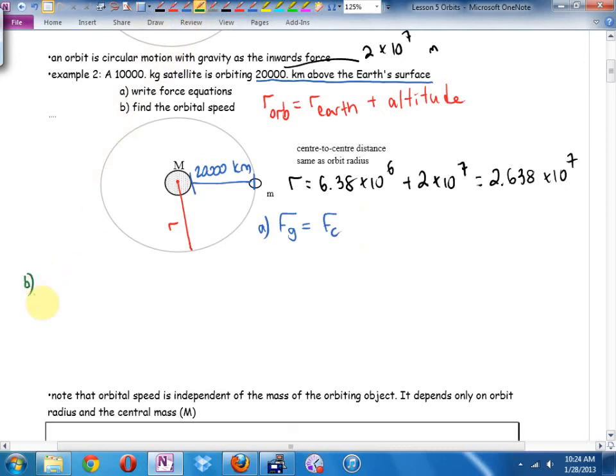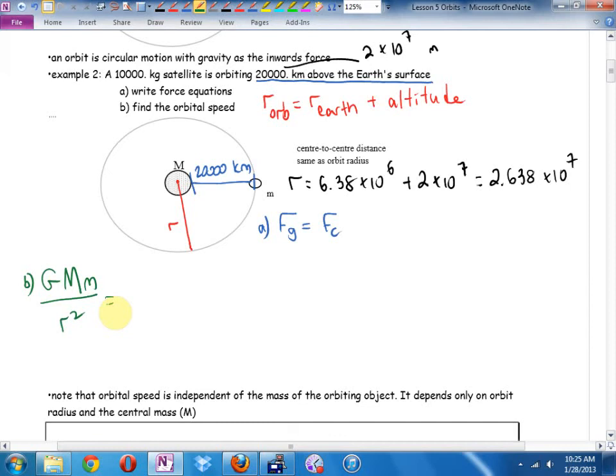B says find the orbital speed. We're going to have to rewrite these equations. Gravity isn't going to change. Gravity is always going to be big G, big M, little m over r squared. That's Newton's universal law of gravity. Fc, well, that's going to change depending on what they give you or what they ask for.